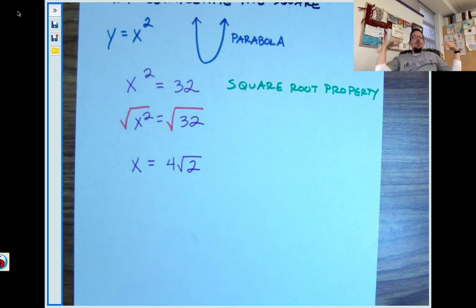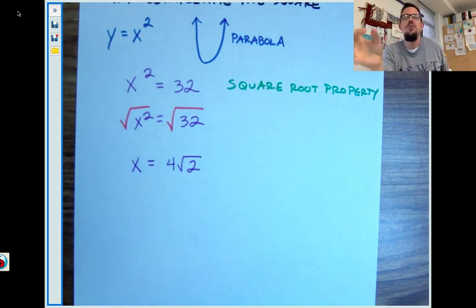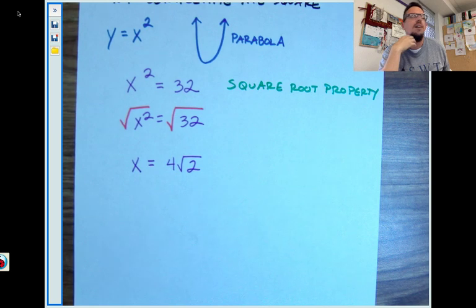If I said, what's the square root of 25, you would say 5, right? 5 times 5 is 25. Is that the only number you can multiply by itself to get 25? Is there another number multiplied by itself that's also 25?